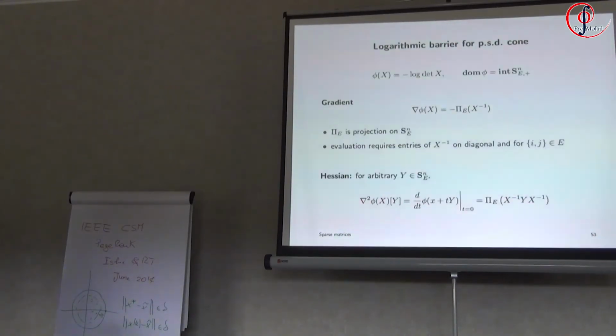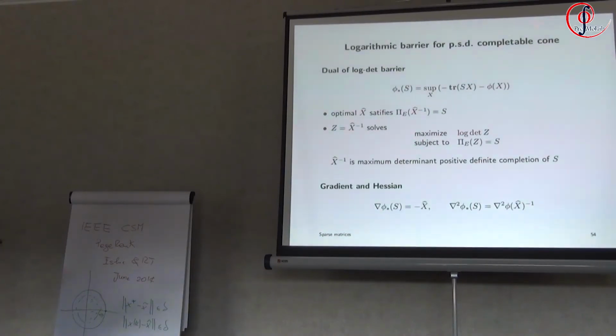The dual barrier: if this is our barrier for the positive semi-definite cone, then the dual barrier for the positive semi-definite completable cone is defined in terms of the conjugate, the Legendre transform. The dual barrier of a matrix S is given by the optimal value of this optimization problem: you maximize over X in the interior of the primal cone the inner product minus the barrier of the primal.